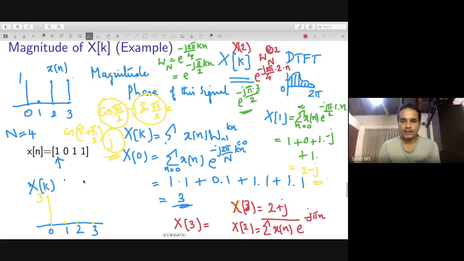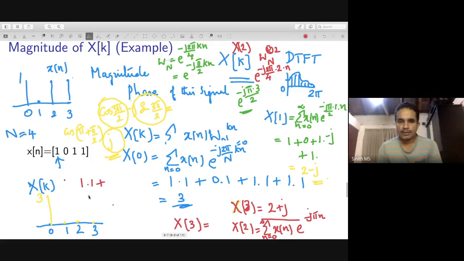x of 0 is 1, so 1 into e raised to 0, which is 1, plus x of 1 times e raised to minus j pi.